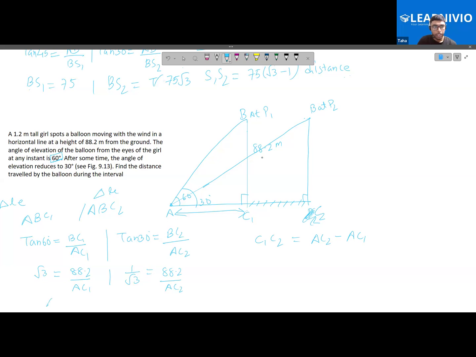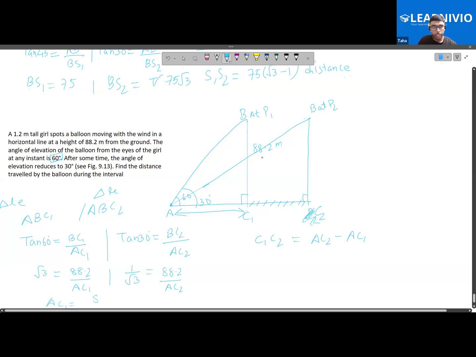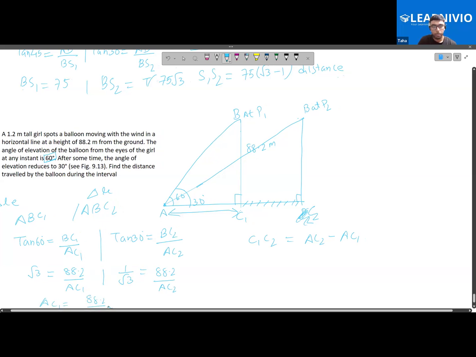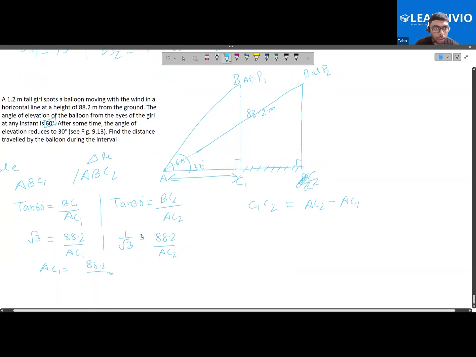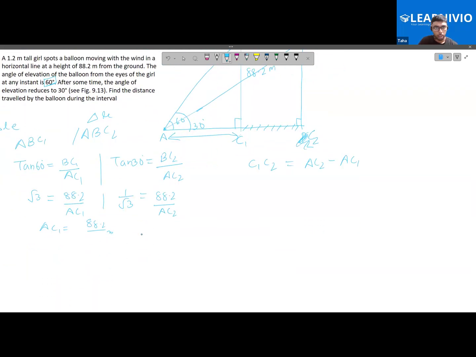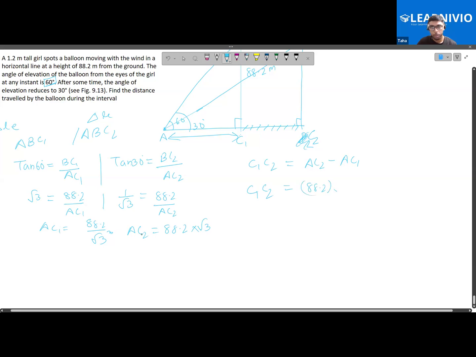Okay. So AC1 is equal to 88.2 by root 3 and AC2 is equal to 88.2 into root 3. Okay. So C1C2 is equal to AC2 minus AC1, that is 88.2 into root 3 minus 88.2 by root 3.